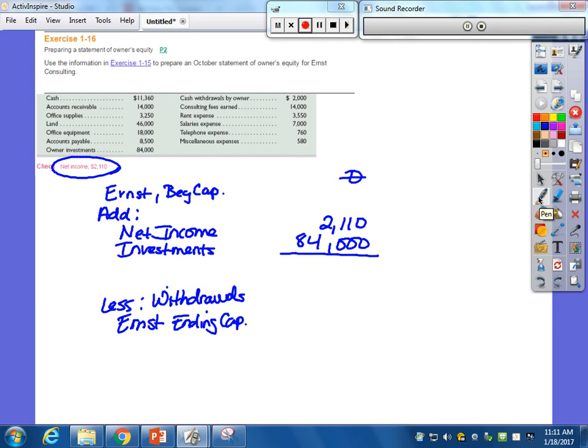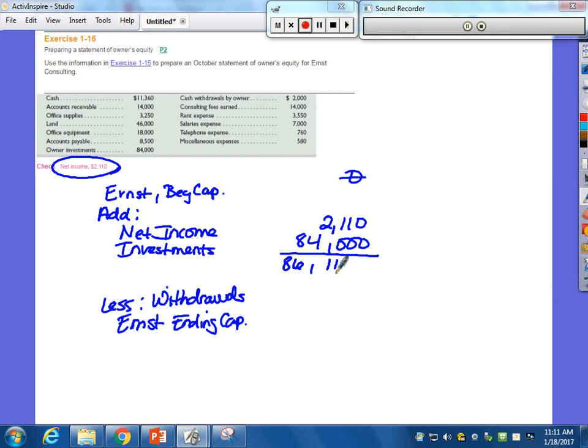What's this new amount now? 86,110. Now less 2,000 of withdrawals means that we have ending capital of what? 84,110. Okay. Phew.